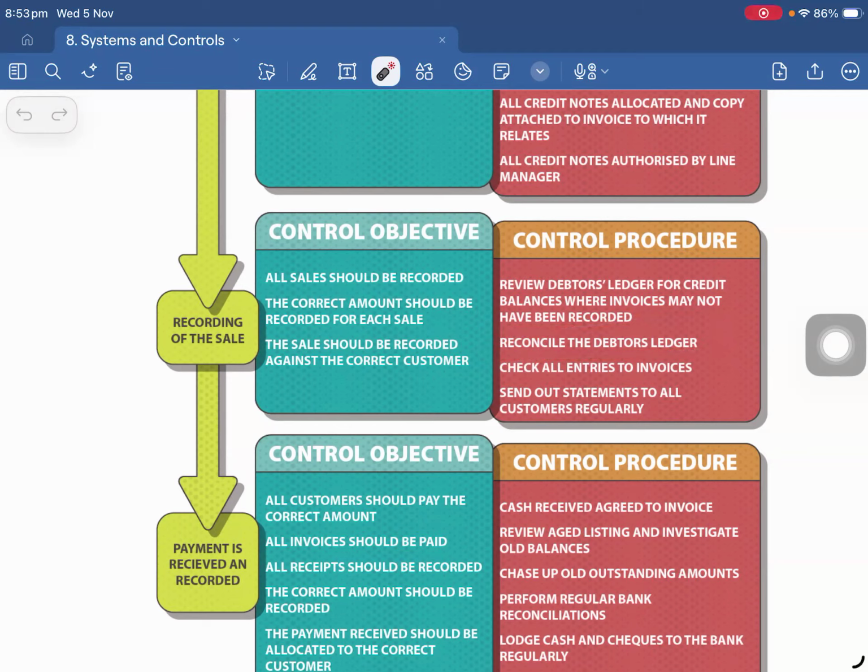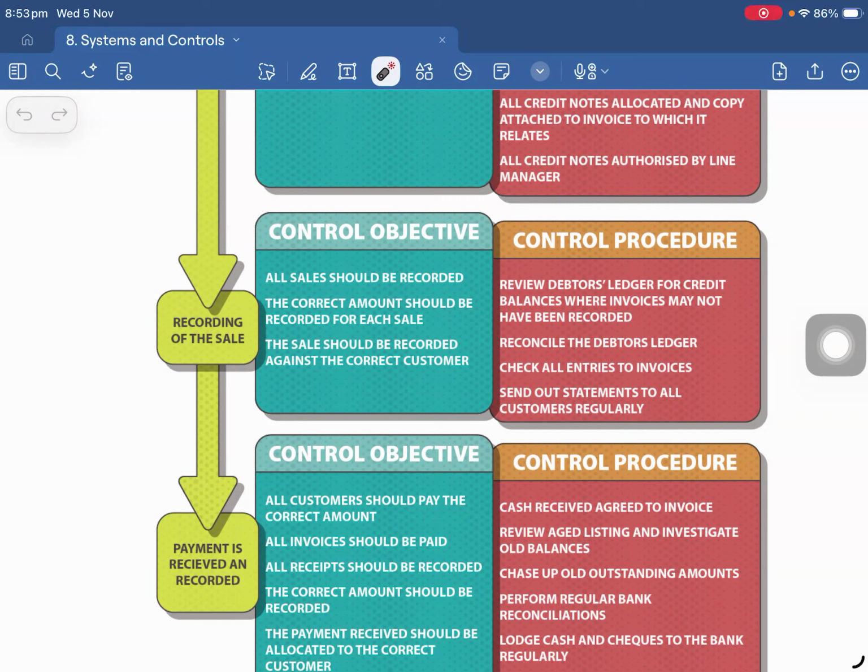You must have studied in FA, and if not, it is simply that the debtors are being recorded at one time and paid at a later date. It could be a bank transaction, and sometimes cash in transit might happen. Due to that, our balance and the debtor's balance might not match together. So, we need to ensure that it is reconciled on a regular basis.